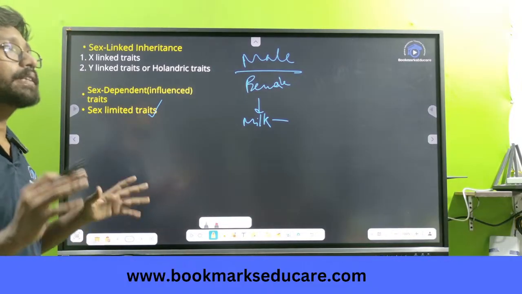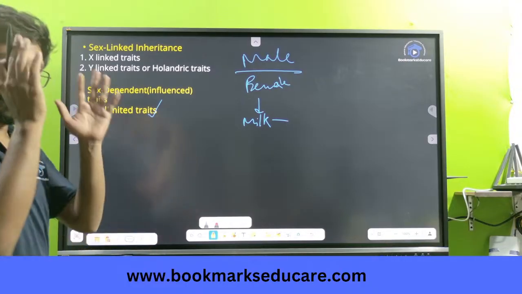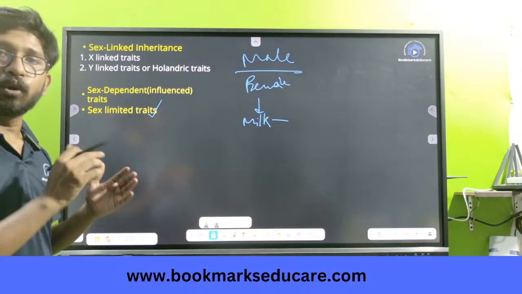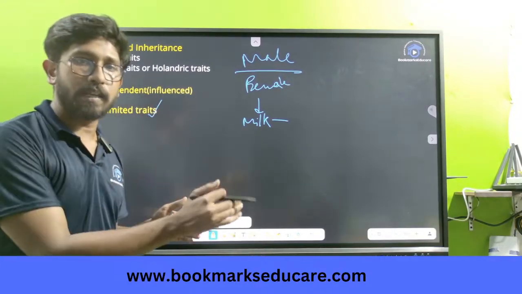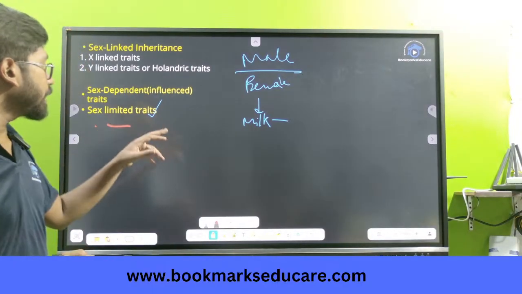It is not like there is some autosomal factor or some genetic factor, nothing. Female embryo programming happens like this, only they will have a working mammary gland and create milk. So these are sex limited characteristics.